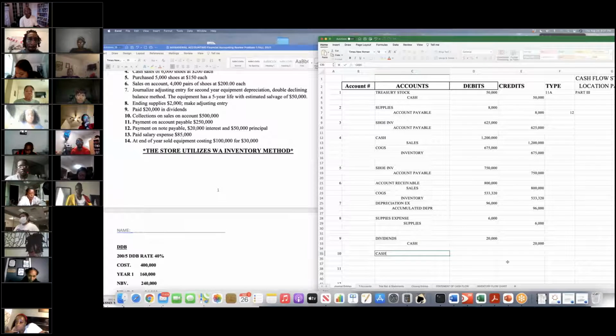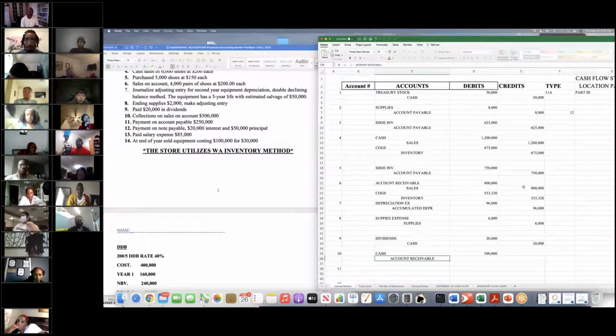So what type is this? This has to be accounts receivable credited, correct. Not sales, but accounts receivable, because we had a type 3 up here when we made the sale. I mean, excuse me, type 15. So we already have the revenue recognized.